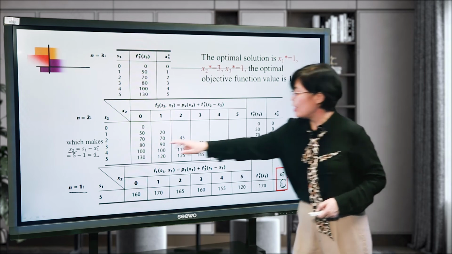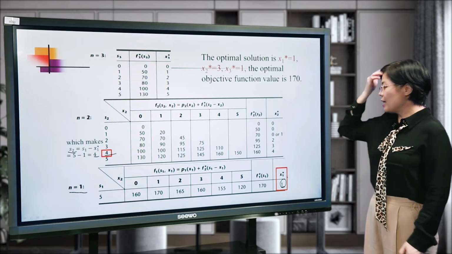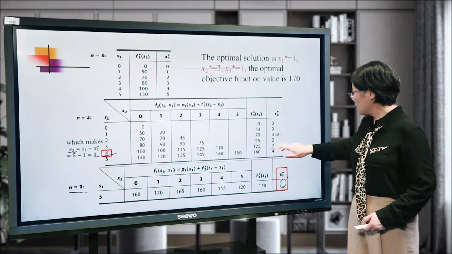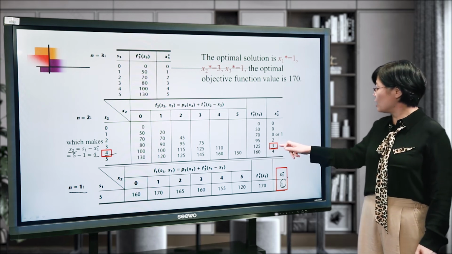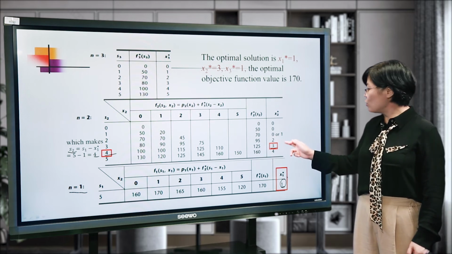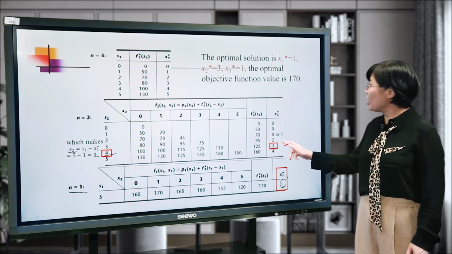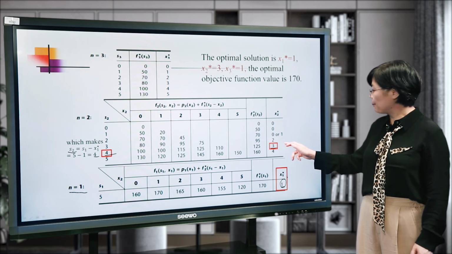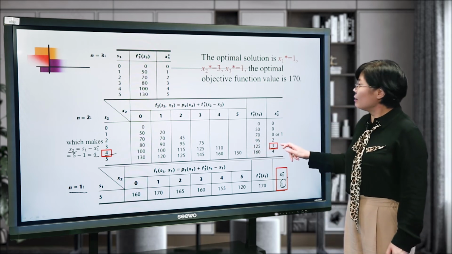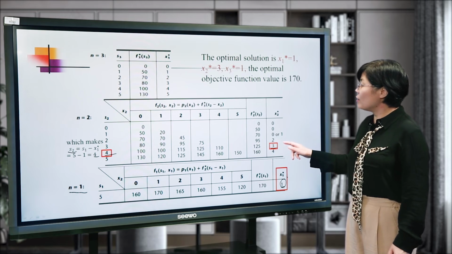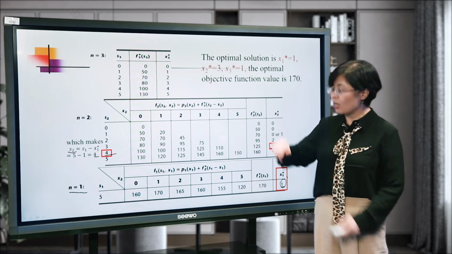Then we look at this row. We can see that the optimal decision is 3, which means it is best to allocate 3 medical teams to country 2. Which leaves teams for the third country.